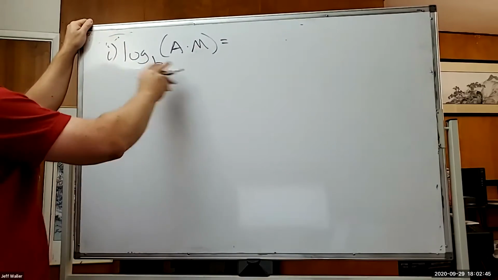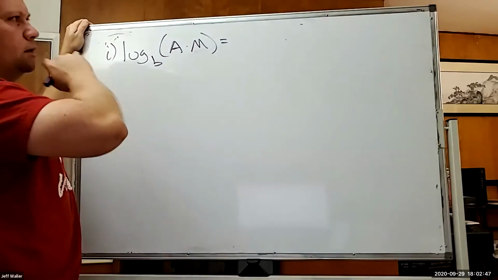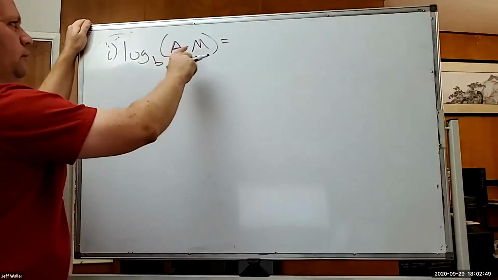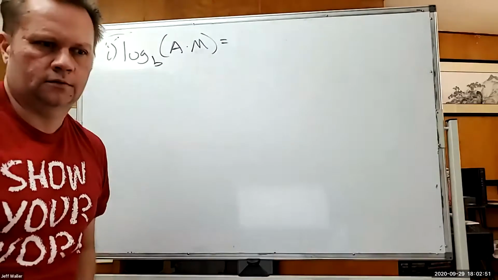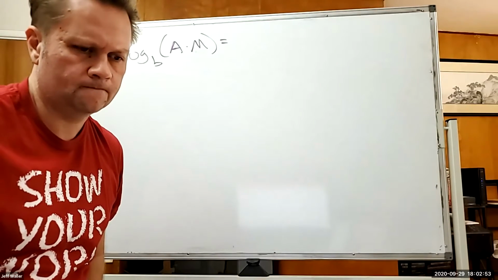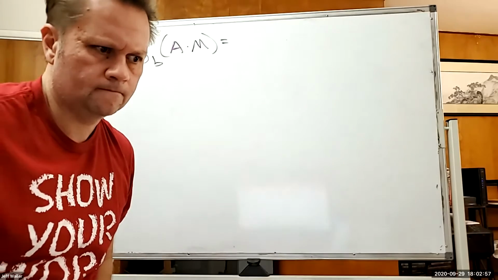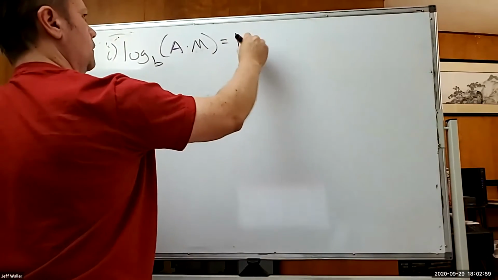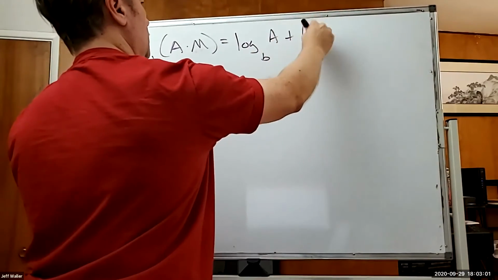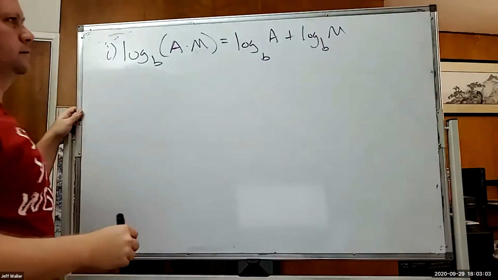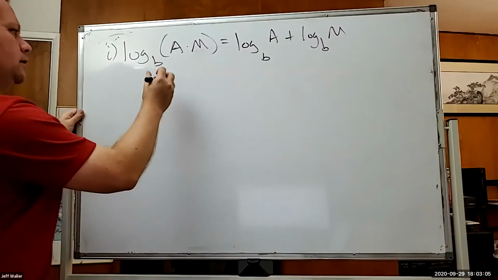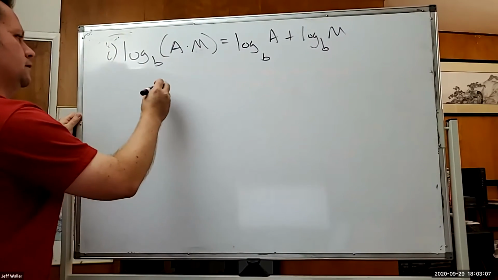So one property is the product rule. What happens when I have the log of a product? It's equal to log base B of A plus log base B of M. Yes.